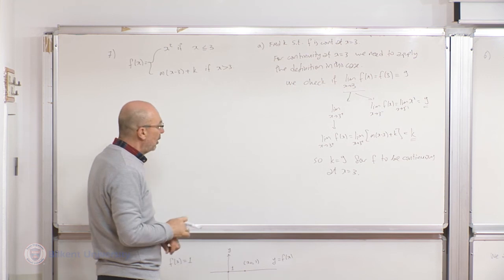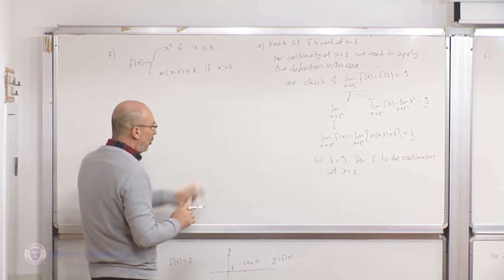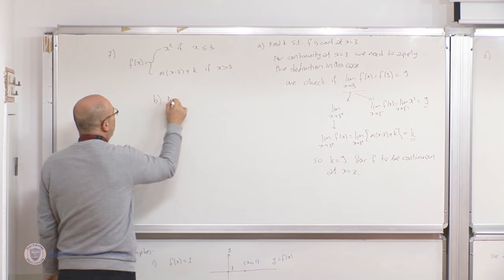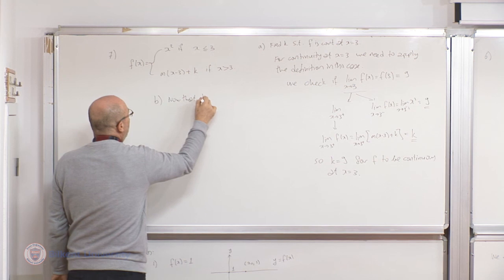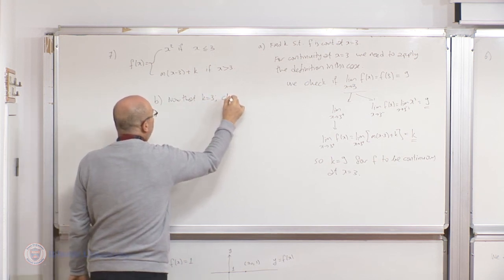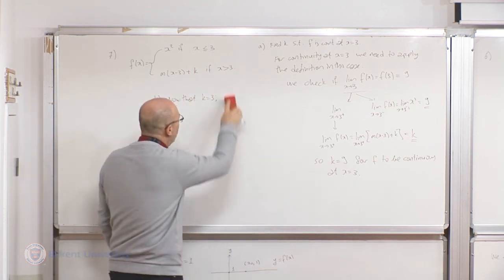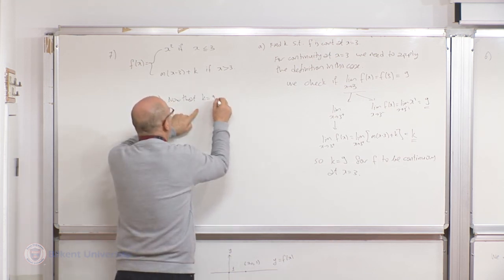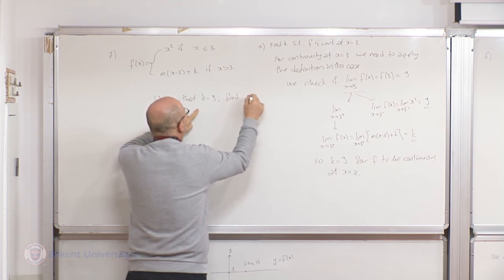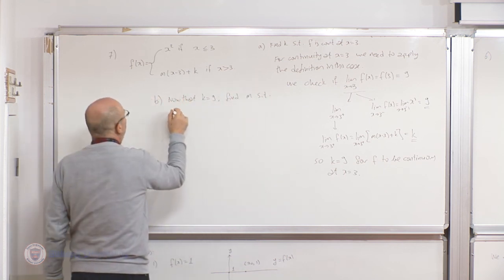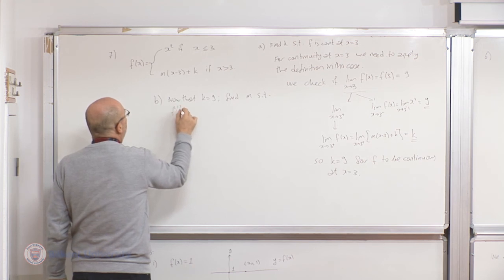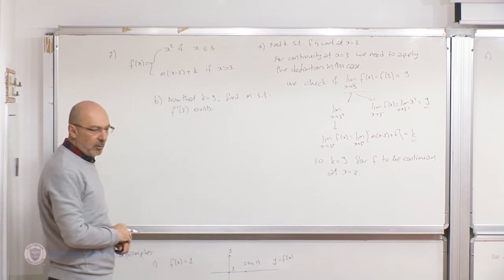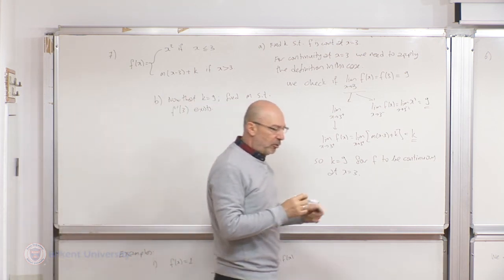Okay, so let's stop here, and next time we'll continue from here, writing now that k is 9. Now that k is 9, find m such that f prime of 3 exists. Okay, so that's what we will do after the break.